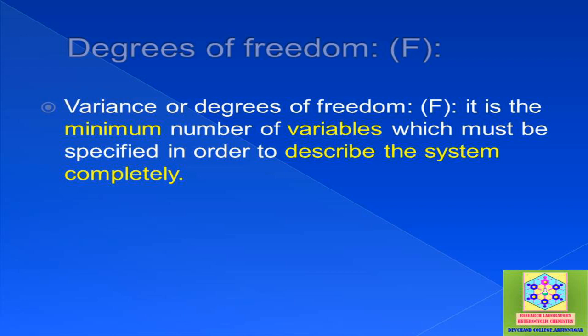Here we are going to describe the system completely with the help of different variables. The condition is that we must use the minimum number of variables such that the description of the system is a complete description.